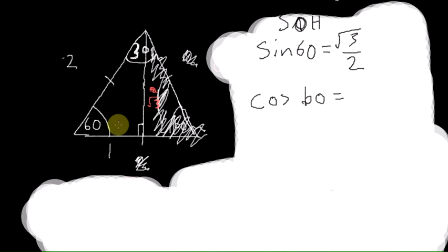So we had cos, so that's CAH. Let's go for the hypotenuse first, which was 2, and the adjacent is 1. So cos 60 equals 2, that's wrong. Cos 60, why is that wrong?